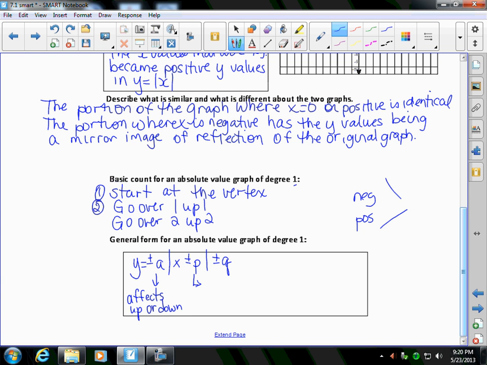The p-value moves the graph left or right, and remember that mental switch again. Whatever the p-value is in there, you go the opposite sign.